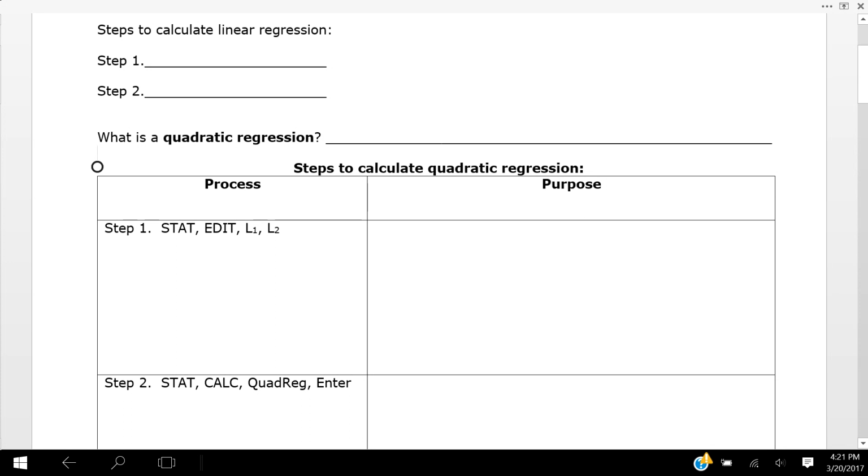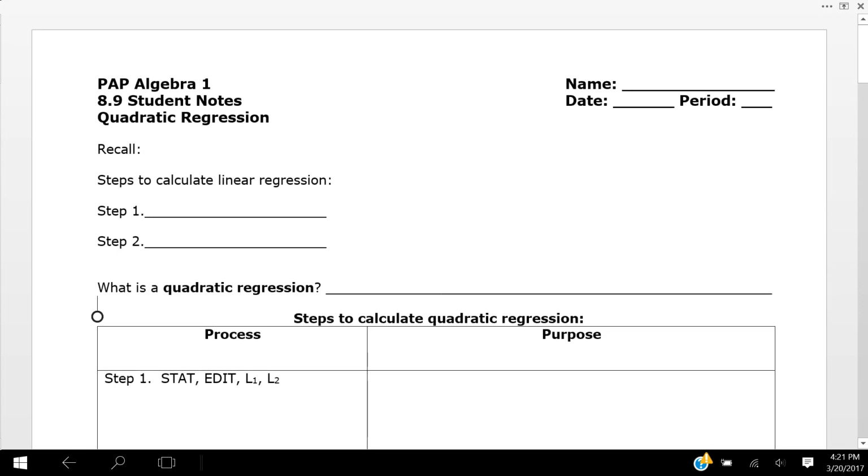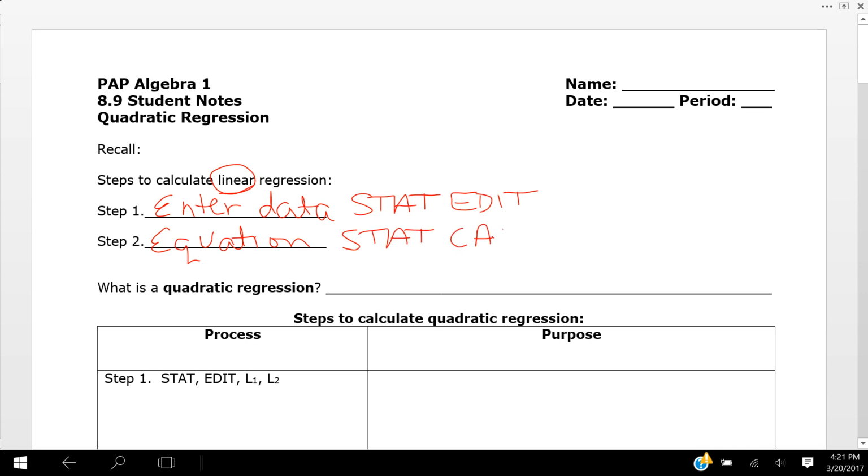Okay, so when we're doing linear regression, the first thing we did was enter the data by doing stat edit, and then we got the equation by stat calc 4. 4 was for, and it says this off to the side of the 4, it says linreg.